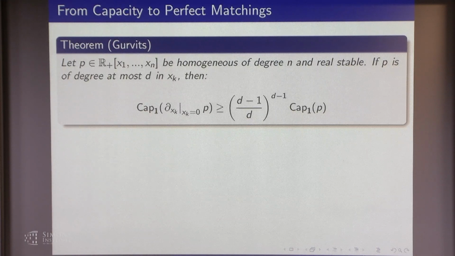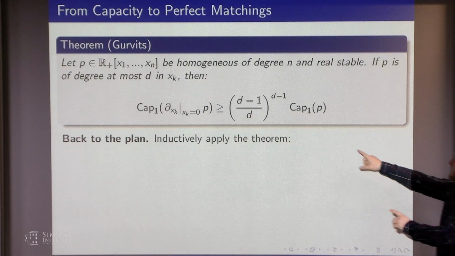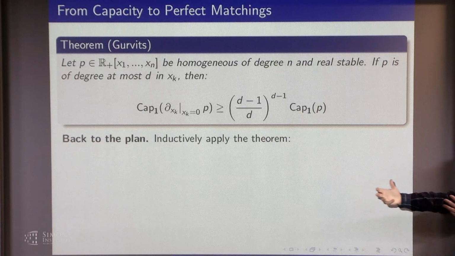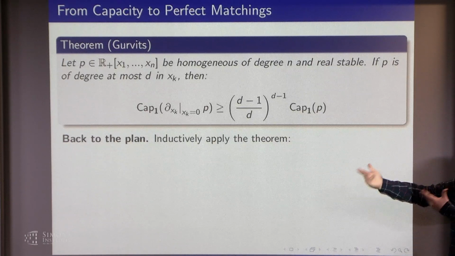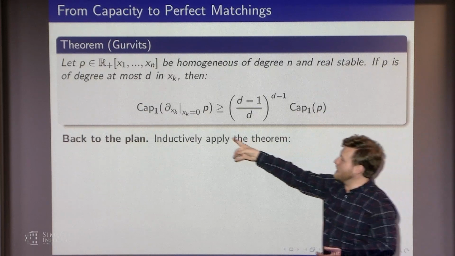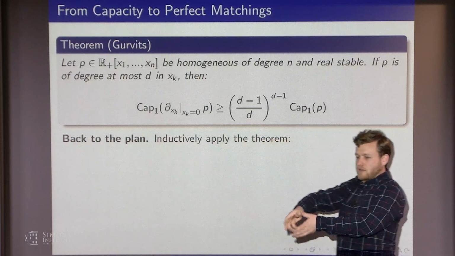Okay. So how are we going to use this? Well, it's pretty simple. The first thing I'll mention, just so that the next line makes a little more sense, is that I'm hiding something here with these ones. By bold 1, I mean the all ones vector, but only for the variables that remain. There are n variables here, but I've removed the kth variable, so I just mean n minus 1 ones, where the kth is removed.